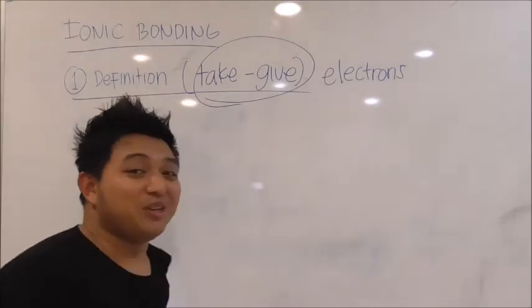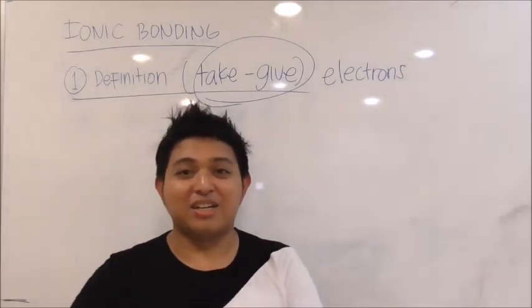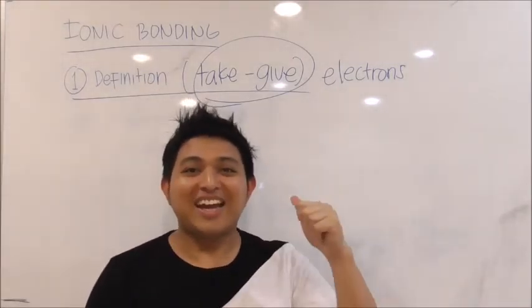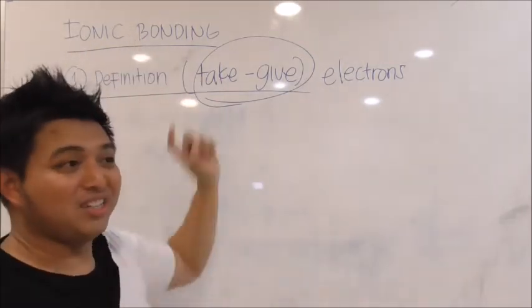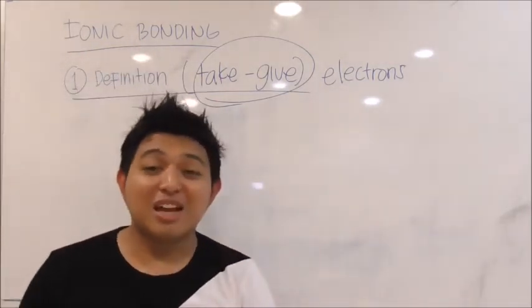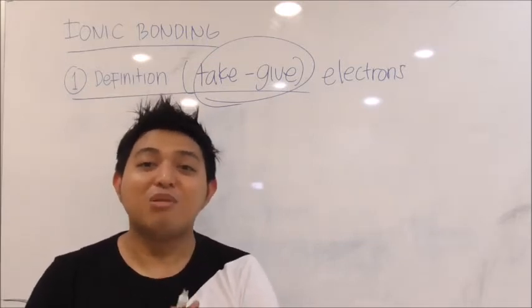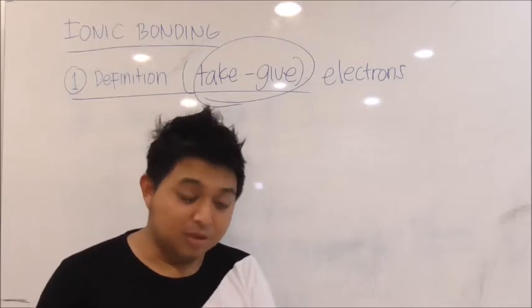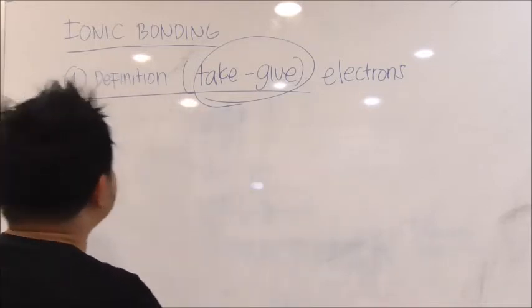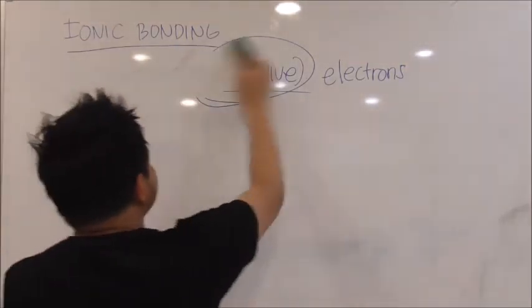Okay, so the first thing you already know, right? Take and give electrons. That's the definition of ionic bonding. The second thing that I want to teach you is how to draw the chemical structure. If you want to draw the chemical structure, you need some steps.